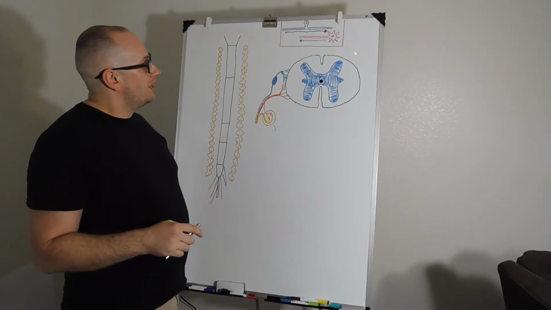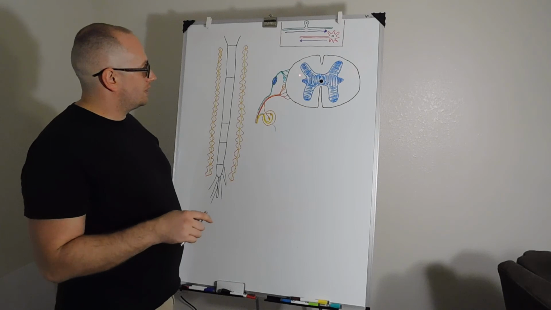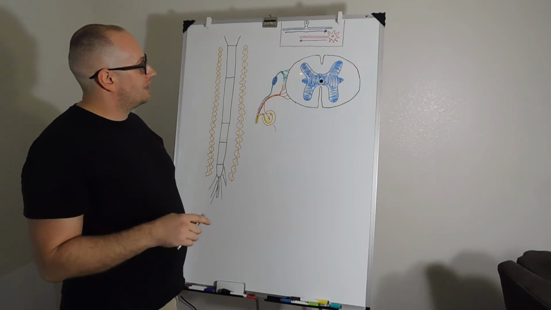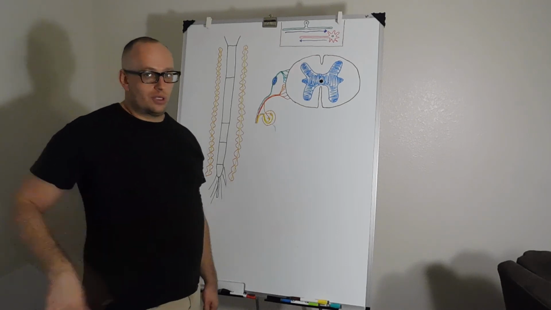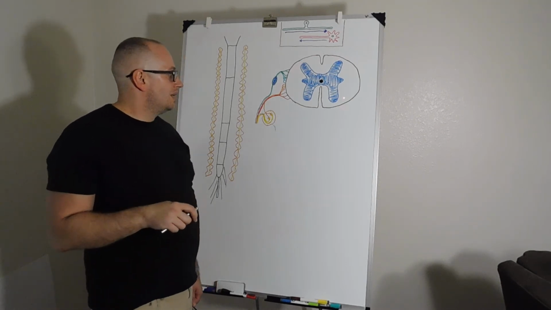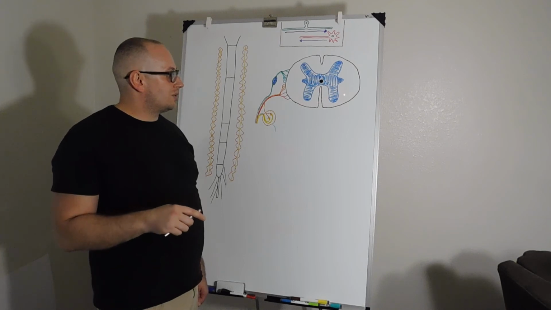Also, I wanted to point out one more thing that was adaptive here, and that is that your sensory information is on the dorsal aspect, in the back, whereas your motor information is in the ventral part.